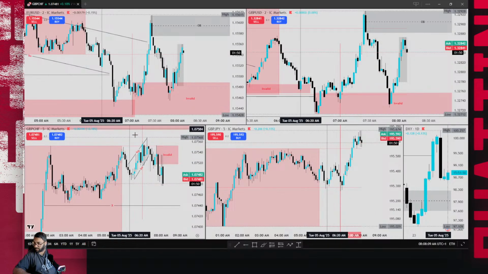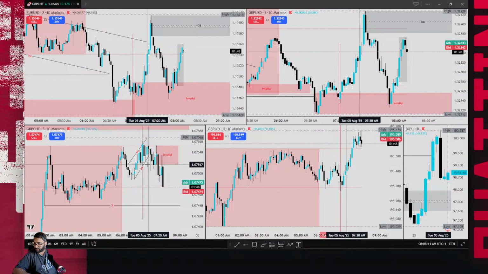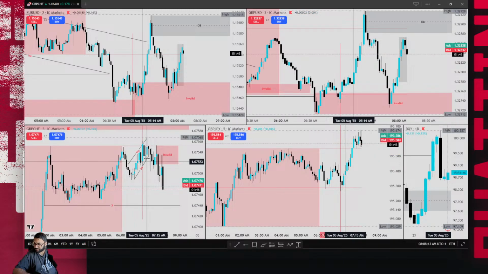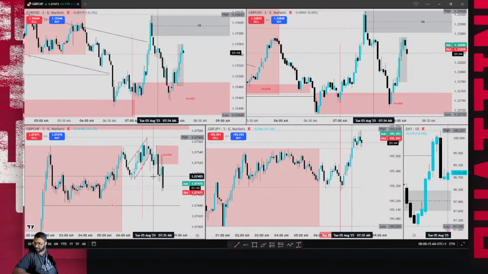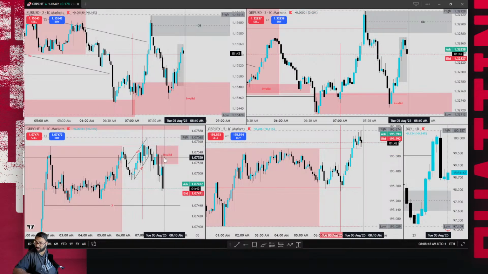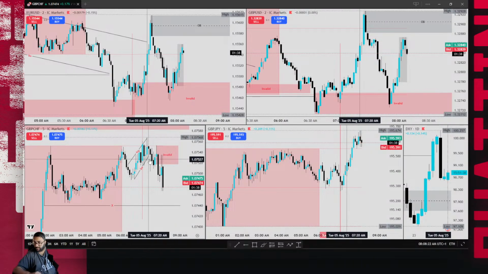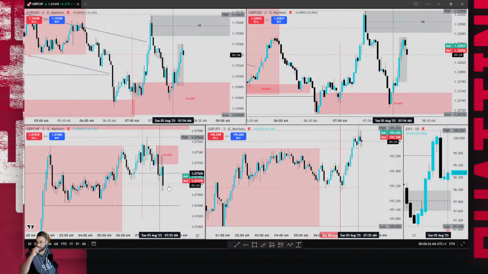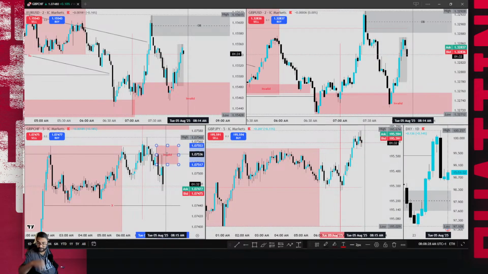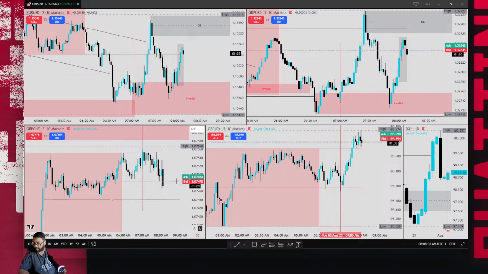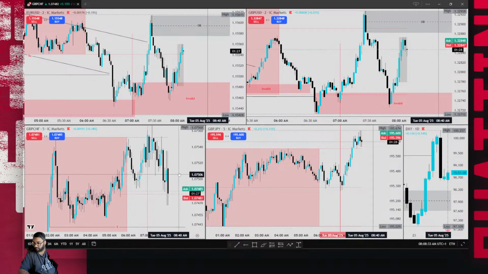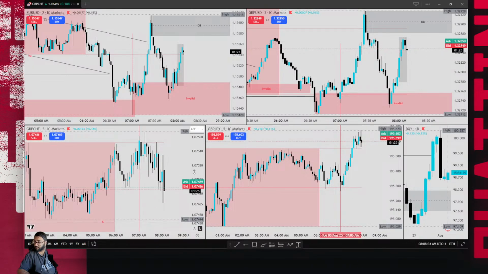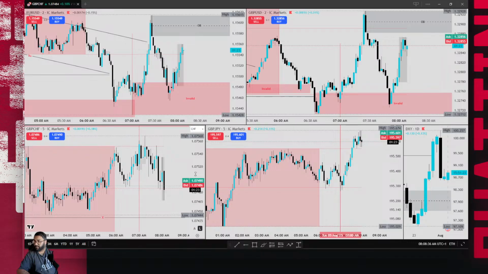Did get equal high sweep at 7 o'clock, and then 7:20 we took that. See, this should have gone higher. If it's a build-up sweep, it should have gone higher, but it hasn't. So that's not valid. So very chopped, isn't it?